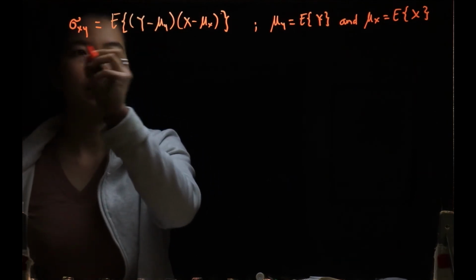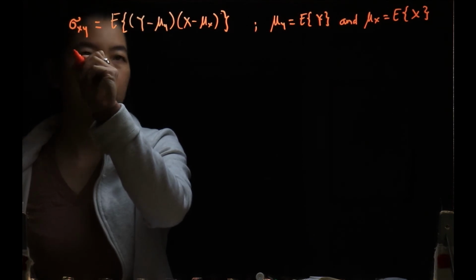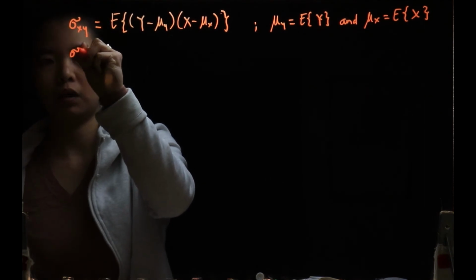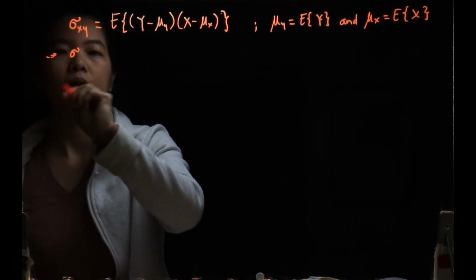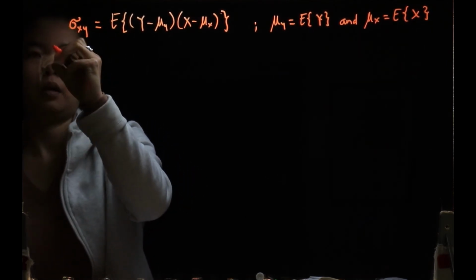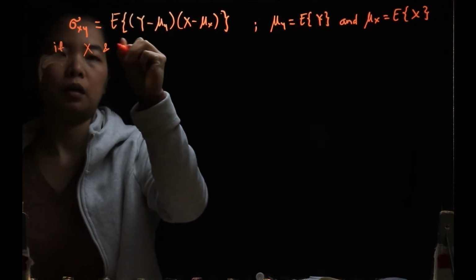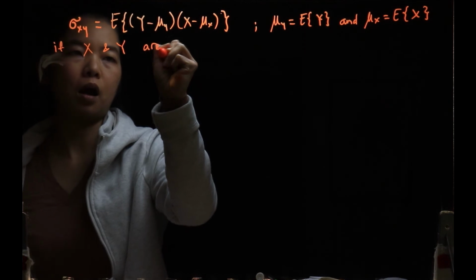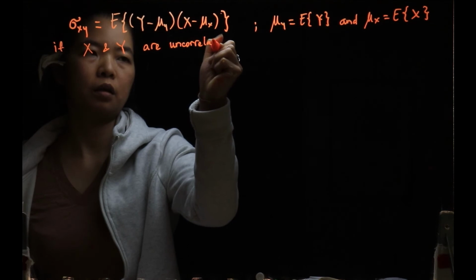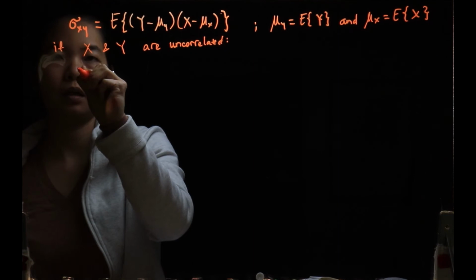So now let's use again the familiar linear operator to see what it means. Well, let me write this first. If x and y are uncorrelated, then their covariance is 0, right?